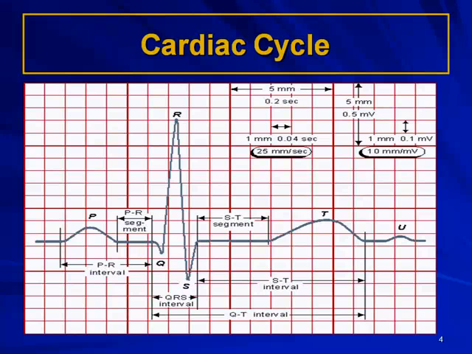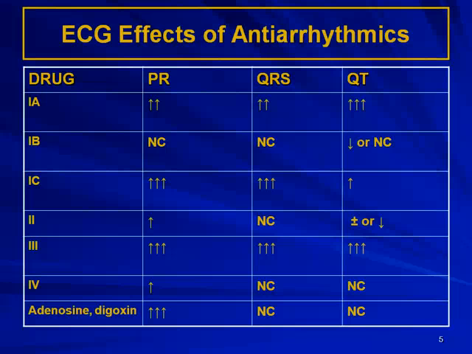So we think that the drugs that truly cause torsade, which is polymorphic VT associated with QT interval prolongation, tend to affect the JT interval, ventricular repolarization, more than they affect ventricular depolarization, which is represented by QRS duration.